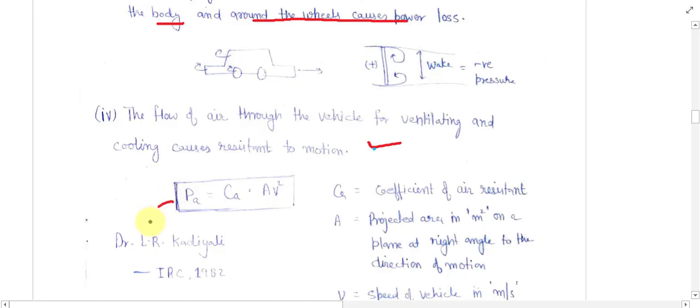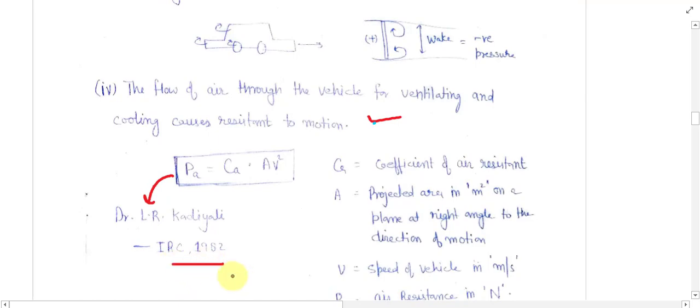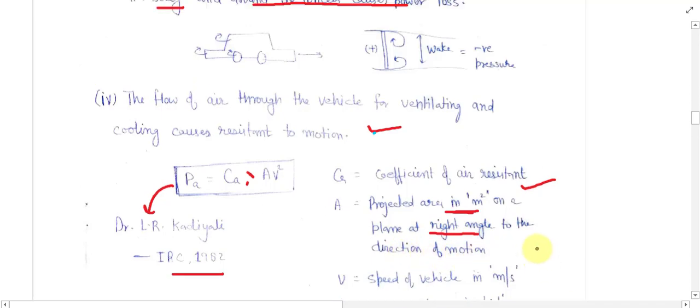This is given by Dr. L.R. Kadiyali and mentioned in IRC 1982. The force due to this air resistance, or the power due to this air resistance, is equal to CA multiplied by area multiplied by V square, where CA is the coefficient of resistance, A is the projected area in meter square on a plane at right angle to the direction of motion.